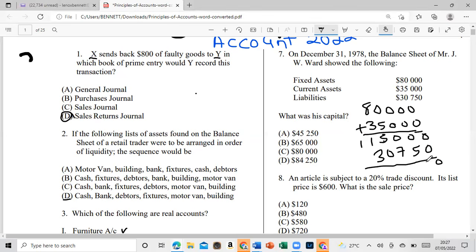All right, so that's 0, 5, borrow 1 from this. I'm going to put 9 here. So that's your 5. Then 7 and 9 leave 2, 5.